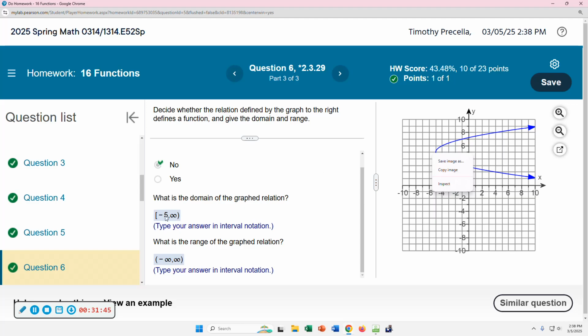Could you draw a little dot there at negative 5, comma, whatever it is? Right there, where my little arrow is, I could put a little dot. And so you're saying you're including that as an x value. Okay? There is a point there on that circle. Any questions there?